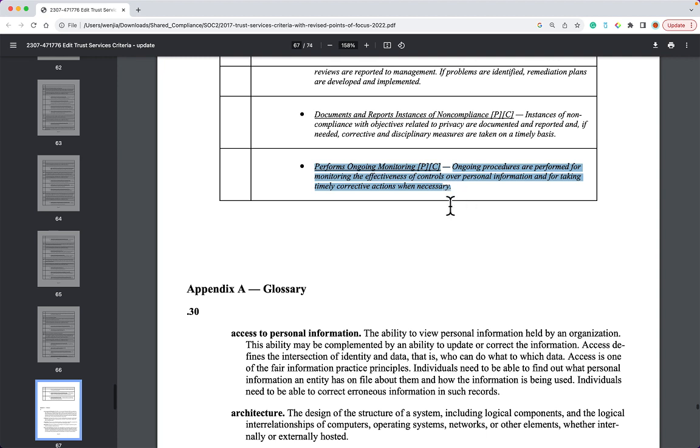Last one, performs ongoing monitoring. Ongoing procedures are performed for monitoring the effectiveness of controls over personal information and for taking timely corrective action when necessary. Yeah, so you need to have monitoring in place. Like right now, you need to monitor all the processes.